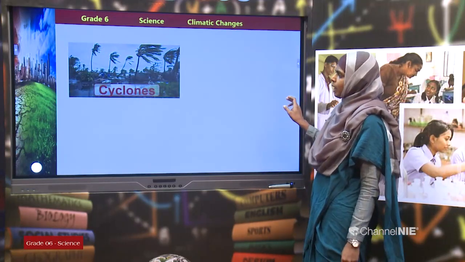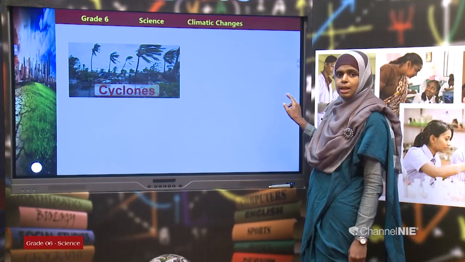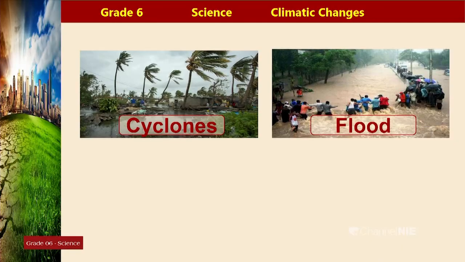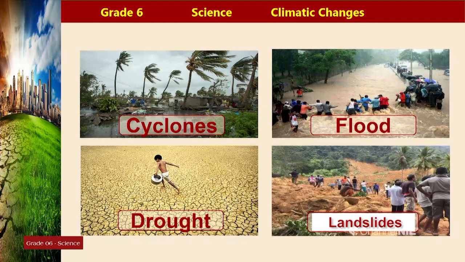We will be looking at 4 commonly occurring natural disasters in this lesson: cyclones, flood, drought, as well as landslides. These are the 4 most commonly occurring natural disasters in Sri Lanka, children. Although there are many other natural disasters like volcanic eruptions, we are lucky that we don't have volcanic eruptions in Sri Lanka.